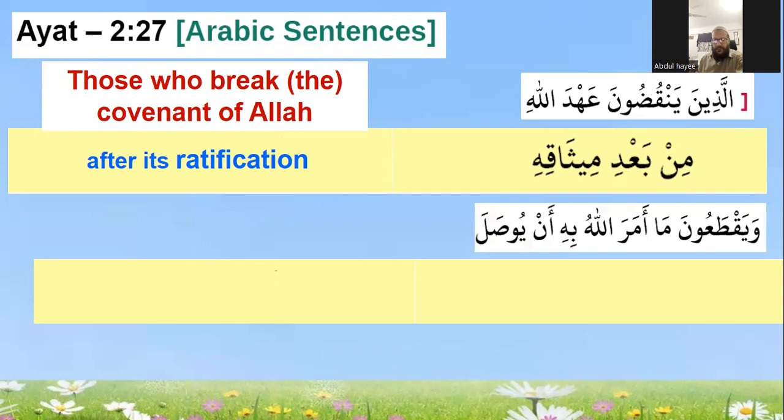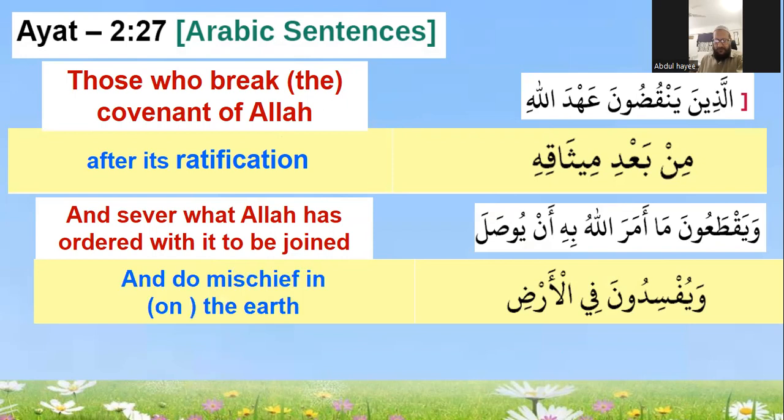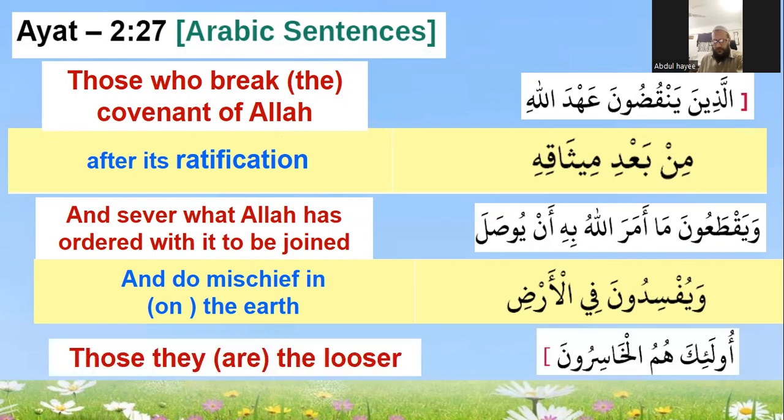Wa yaqta'una ma amara Allahu bihi an yusala, and sever what Allah has ordered to be joined. Wa yufsiduna fil ard, and do mischief on the earth. Ulaika humul khasirun, those, they are the losers.